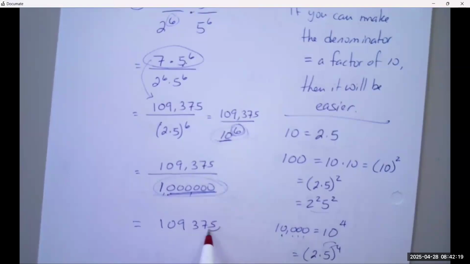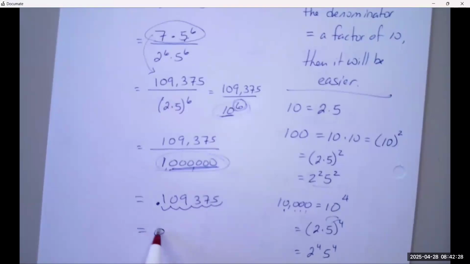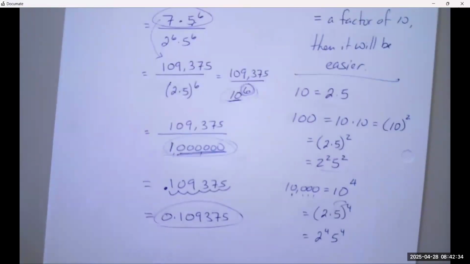So there's a decimal. 1, 2, 3, 4, 5, 6. And there's your answer. So if you can make the bottom a factor of 10, it makes it a lot easier.